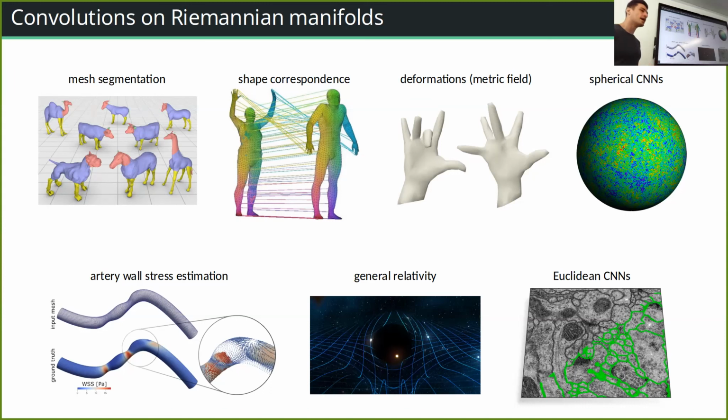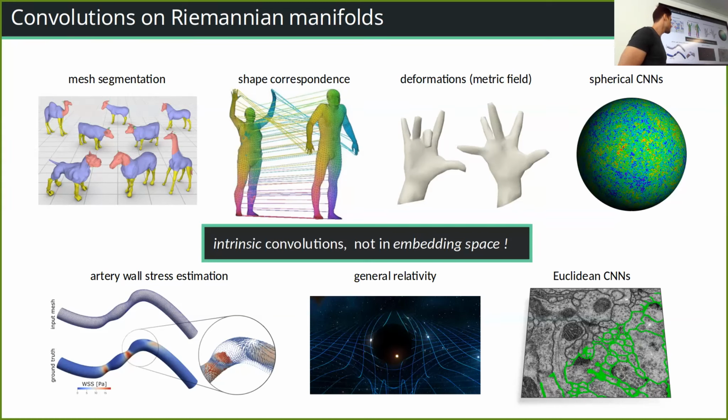Then Pim de Haan from our work group had a nice application where he used these meshes of an artery, and he predicted the wall stress on these arteries. Then obviously in general relativity, we are considering pseudo-Riemannian manifolds in that case, and you could also try to define convolutions on space-time. And of course, Euclidean spaces and spheres are also special cases of manifolds, so our theory should also cover Euclidean convolutions or spherical convolutions.